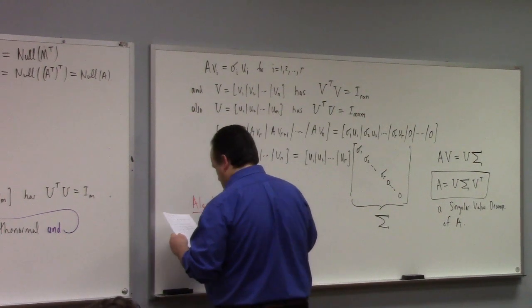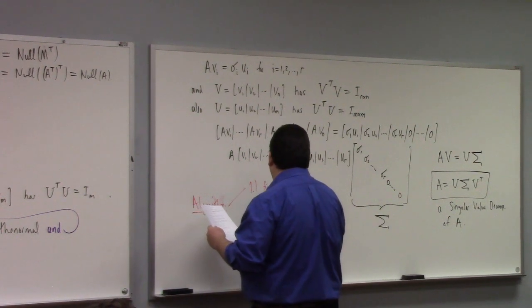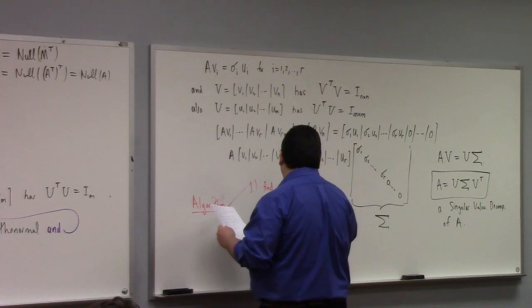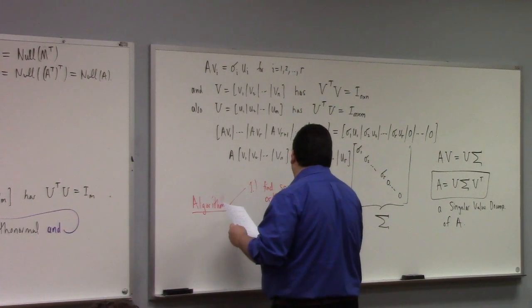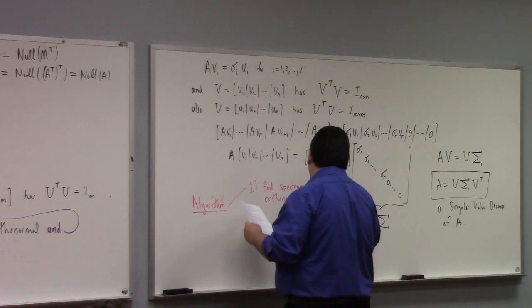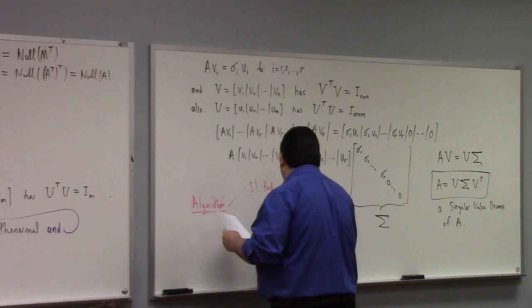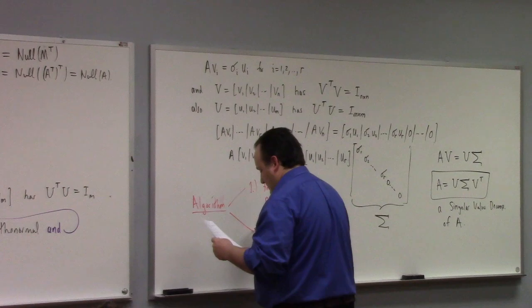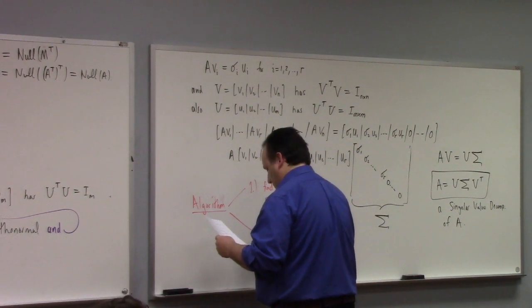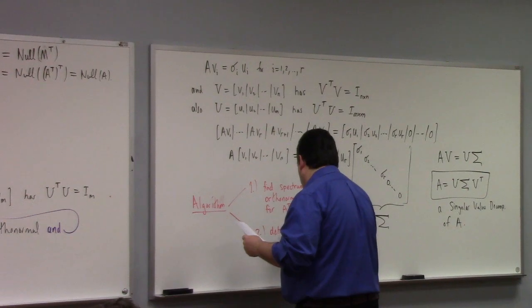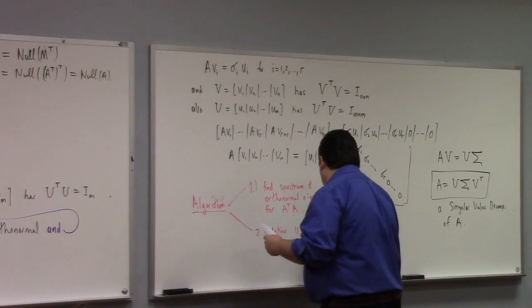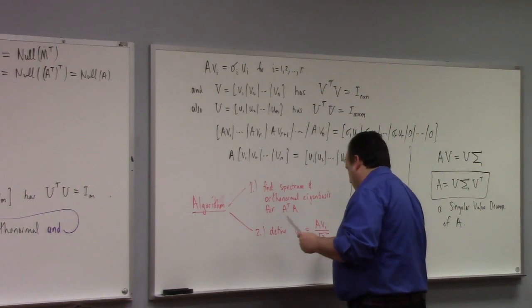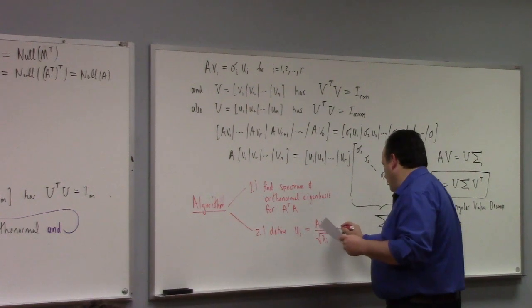Number one, find the spectrum and an orthonormal eigenbasis for A transpose A. Number two, define u_i equal to A v_i divided by the square root of lambda_i for i equals 1 to r.